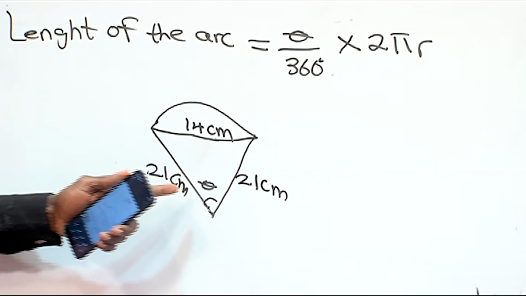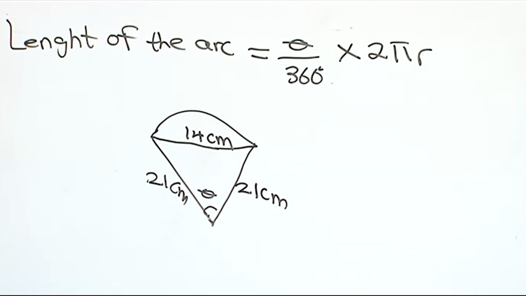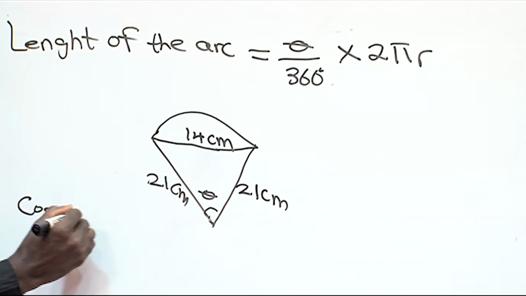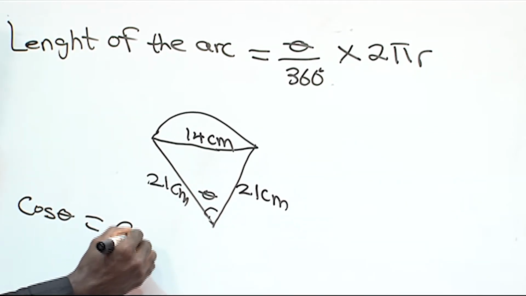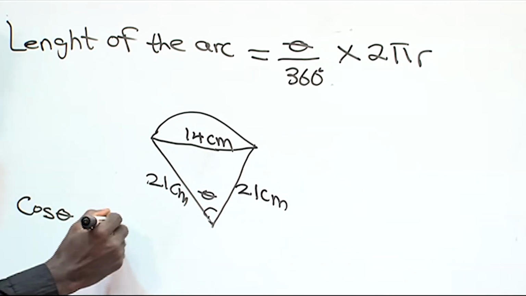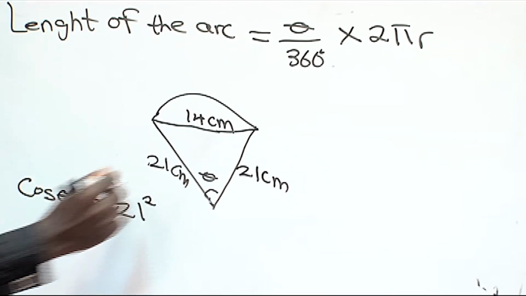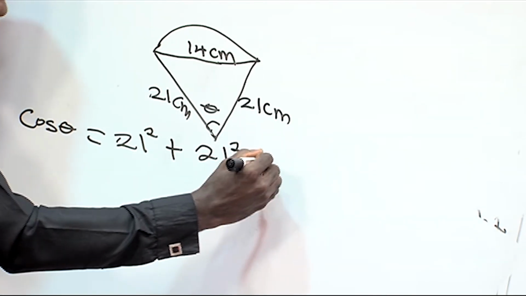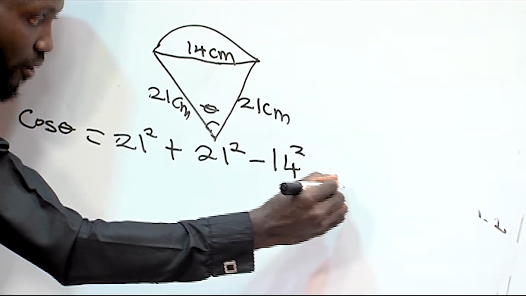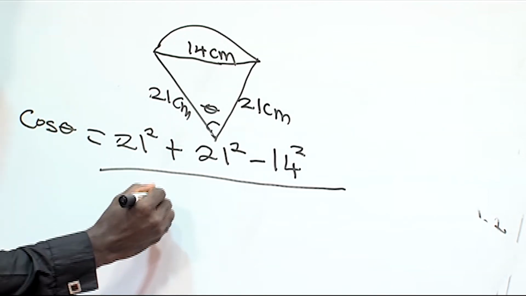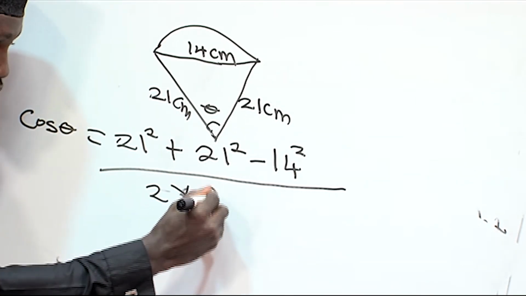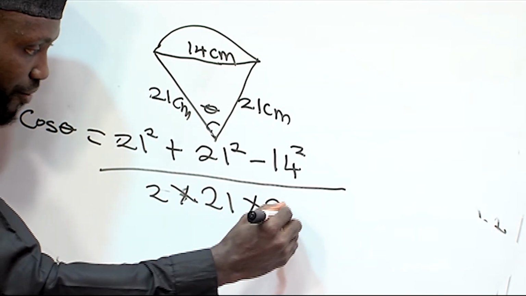Then to find this theta, we can make use of the cosine rule. Applying the cosine rule, cos theta is equal to 21 square plus 21 square minus 14 square over 2 multiplied by 21 multiplied by 21.